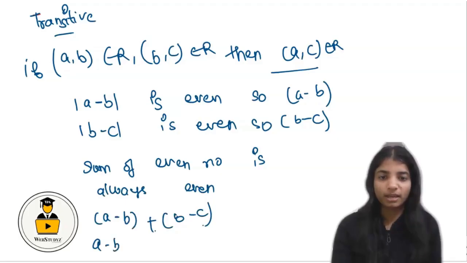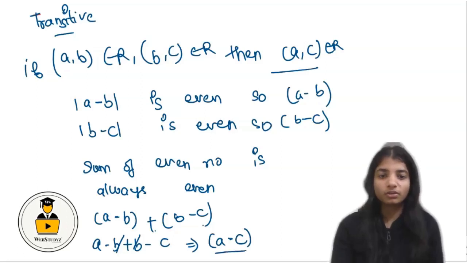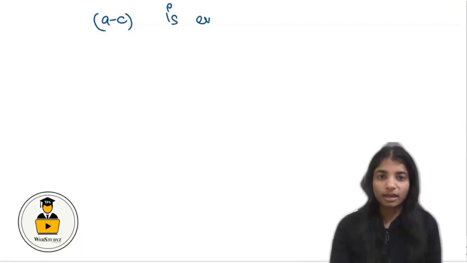So the sum of (a - b) and (b - c) is also even. (a - b) + (b - c) equals a - c, since -b and +b cancel out. So a - c is even. If a - c is even, then |a - c| is also even.